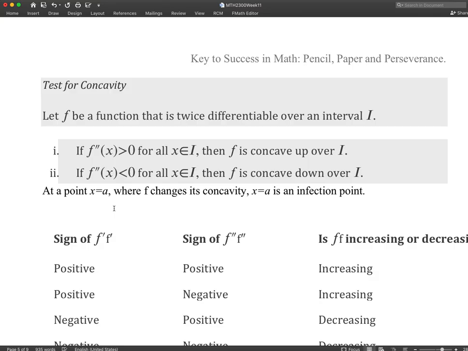Okay. The test of concavity, the only thing you need to remember here is if the second order derivative is positive, which really means the graph opens upward, the function is concave up. If the second order derivative is negative, the function is concave down. Okay.